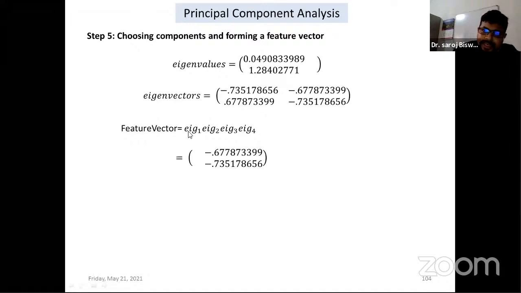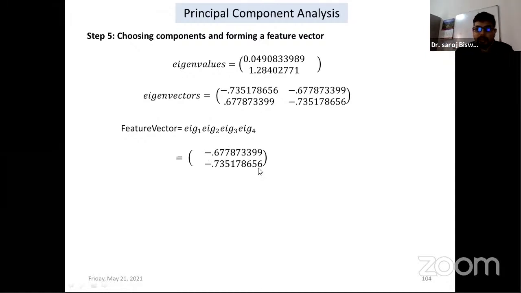So the first eigenvector is the one whose eigenvalue is the highest, and the second eigenvector is the one whose eigenvalue is second. But in this case we are interested in finding only one dimension, so we need to calculate only one eigenvector. Out of two eigenvectors, the principal component is the one whose eigenvalue is the highest. So in place of 1, 2, 3, 4, we're keeping only one, and this is the principal component we got.